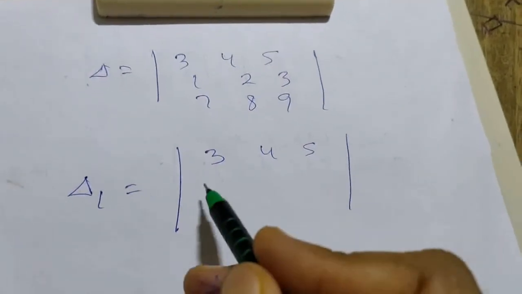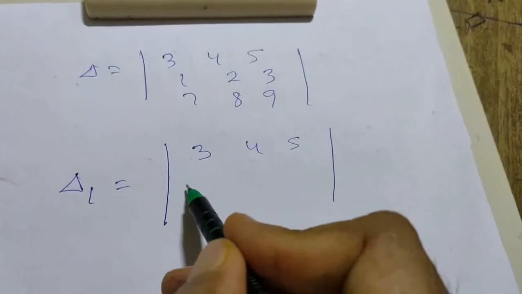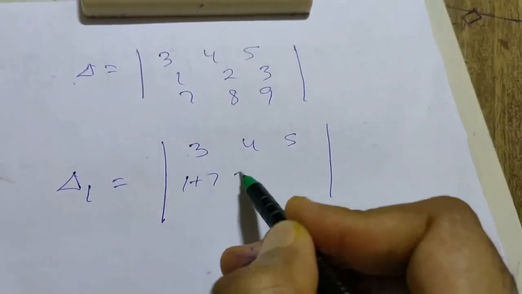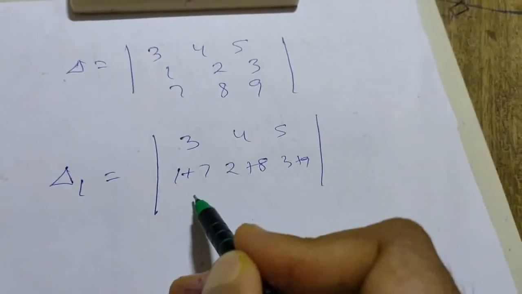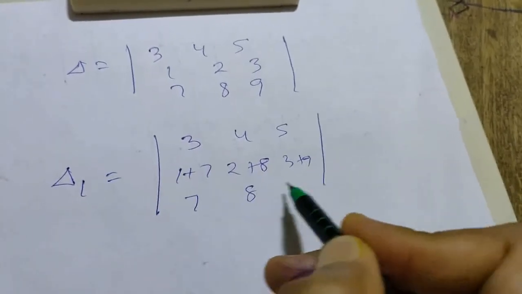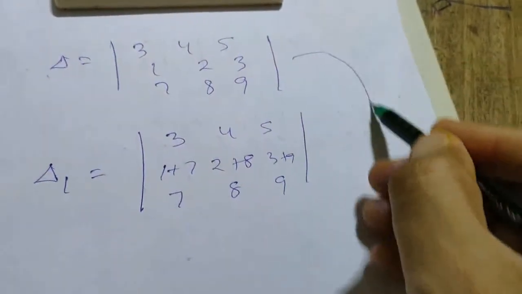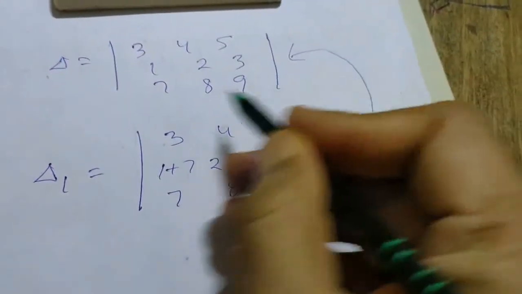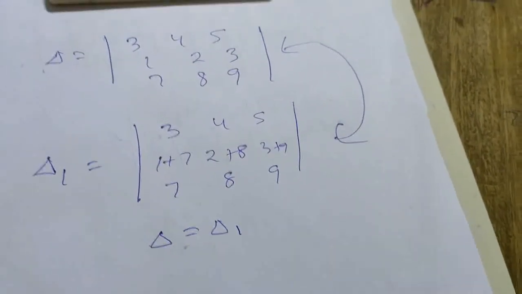And in R2, that is row 2, I add all the elements of R3. So this will become 1 plus 7, 2 plus 8 and 3 plus 9. And R3 as it is, 7, 8 and 9. Then after solving it, you will see that the value of both will be equal. You will find delta is equal to delta 1.